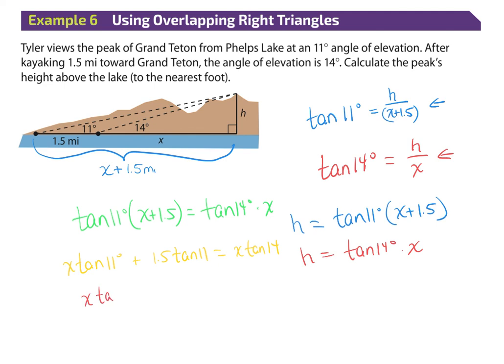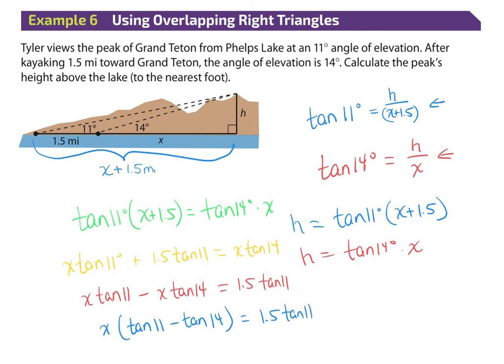X tangent 11 minus x tangent of 14 equals 1.5 tangent 11. Factor out my x, right? So if I factor out my x, I get x times (tangent 11 minus tangent of 14) equals 1.5 tangent 11.